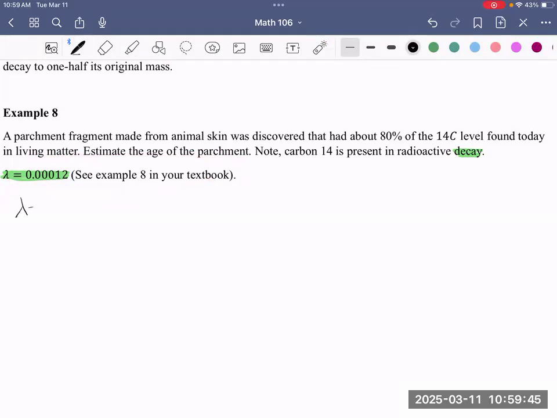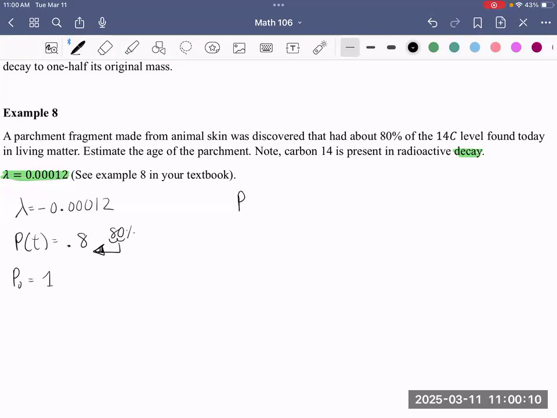So if we know that this is actually negative, we are also given that we have P of t is 0.8, or 80% to be 0.8, right? Move that decimal place over twice. We know that P naught, we had initially 100% of it.